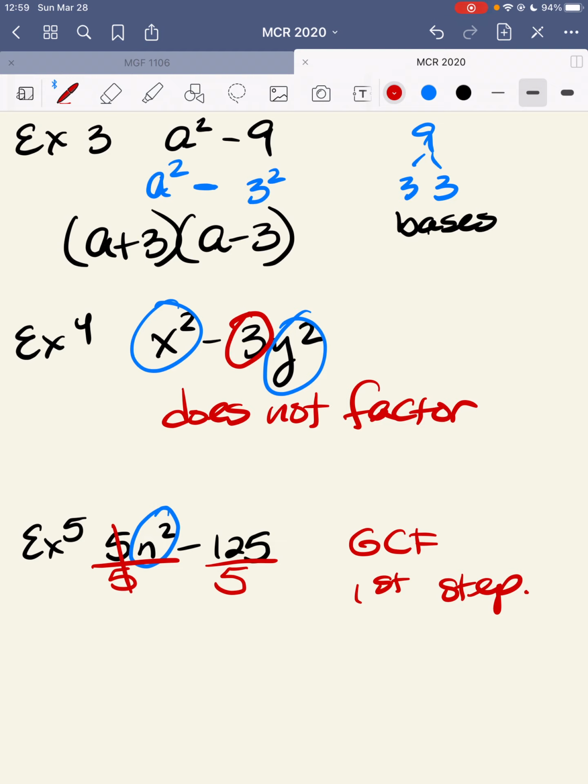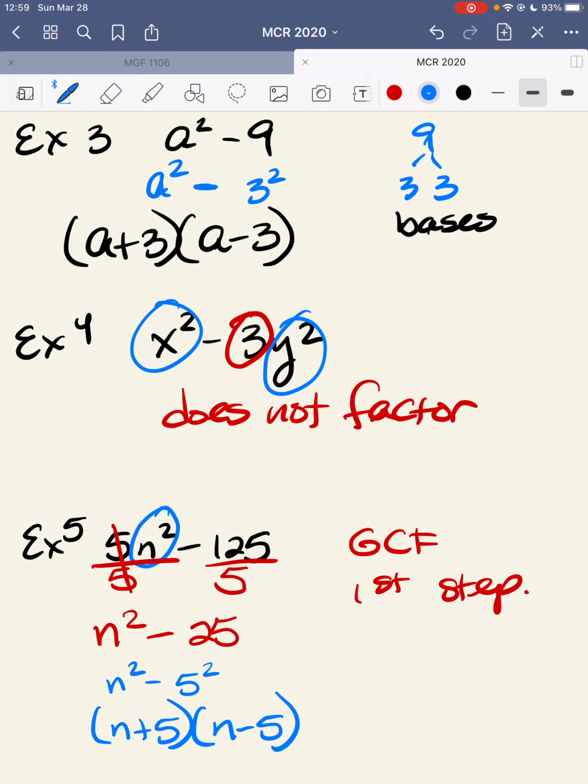All right, which is going to leave me n squared minus 25, because remember there's 5 quarters in $1.25. N squared minus 25 is a perfect square. This is n squared minus 5 squared. And what's in blue factors into n plus 5, n minus 5. Remember, when we factor out a GCF at the beginning, that gets tacked on at the very end. All right.